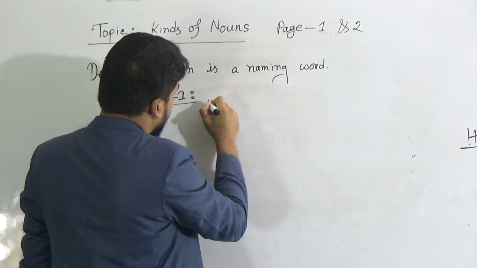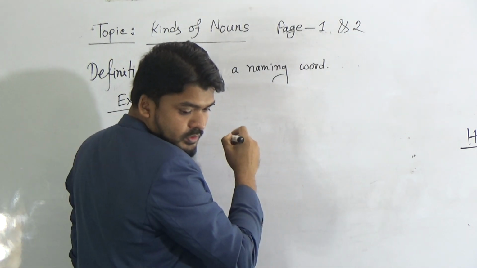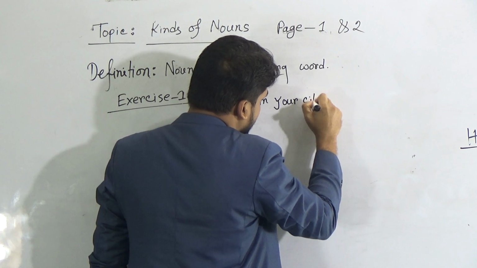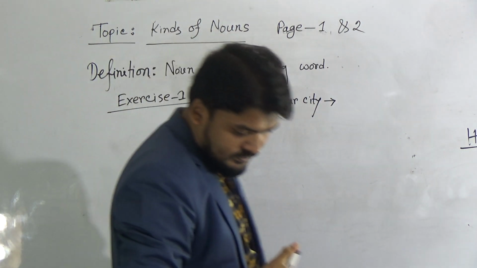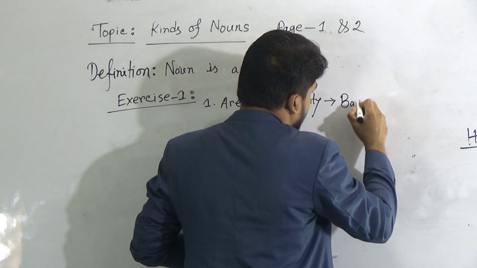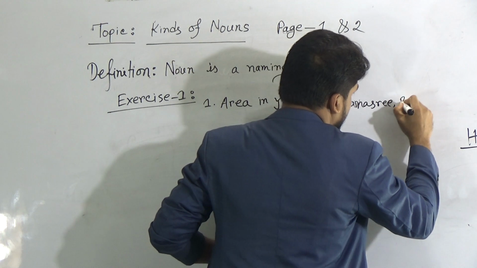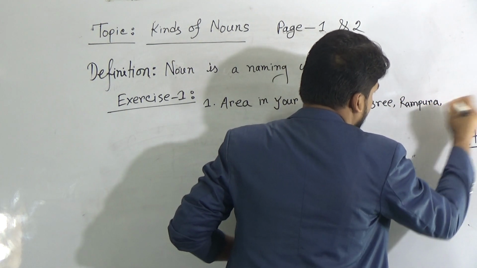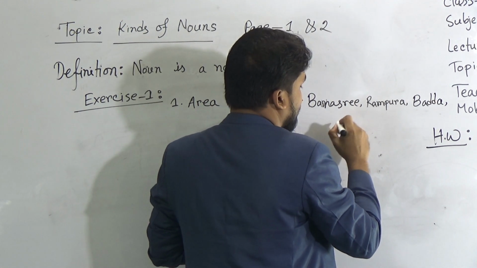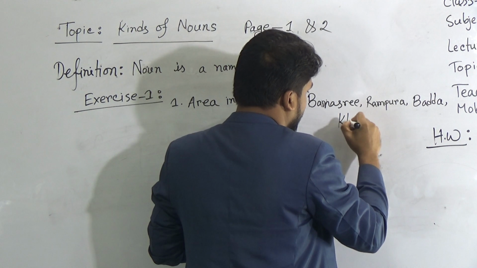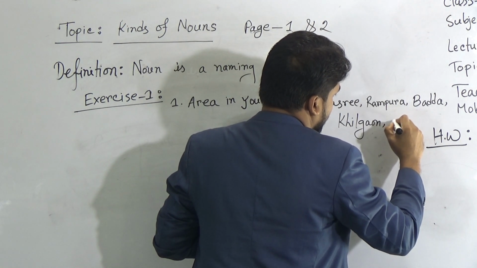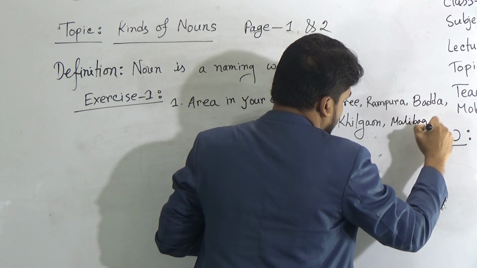Number 1, area in your city, like Monastery, Rampura, Badda, Kilgon, Maliban.